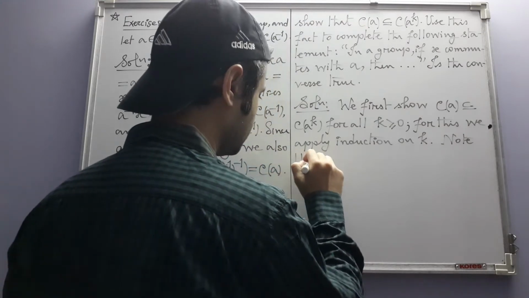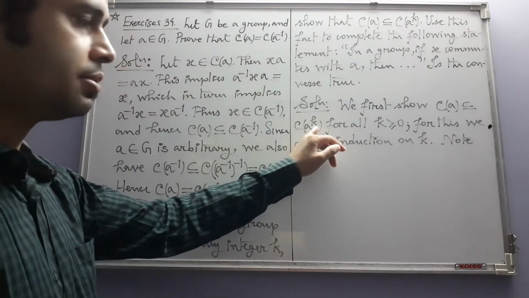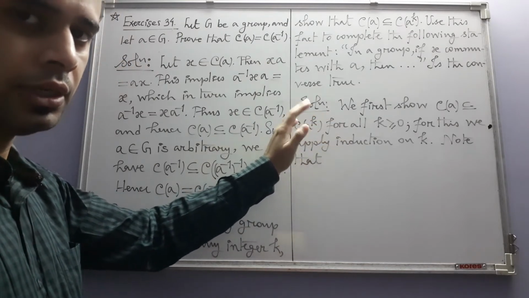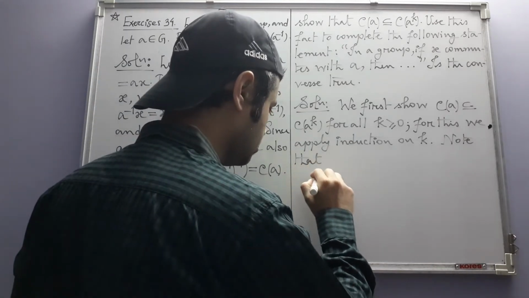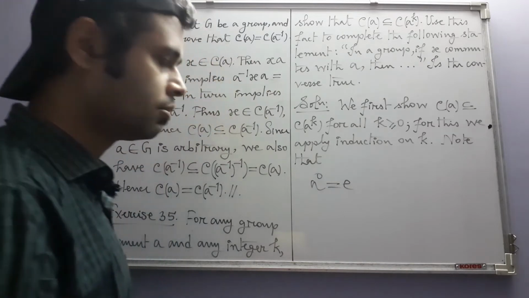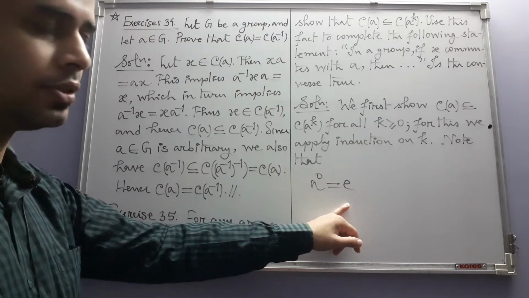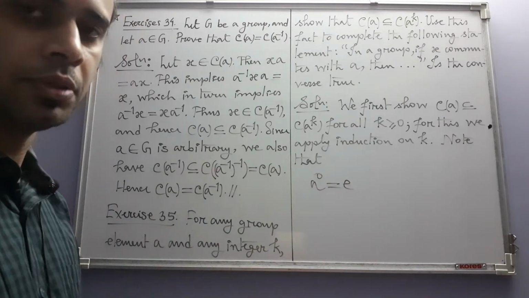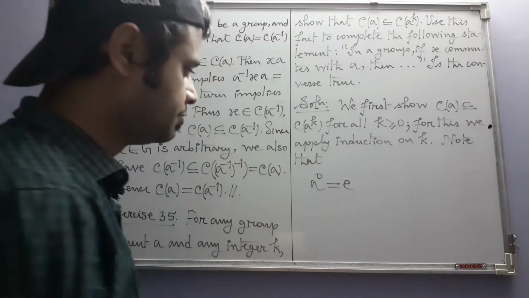Note that what happens when k is 0? By the definition of integral powers of group elements, this is equal to the identity of the group. Now the centralizer of the identity is actually the entire group, because every group element commutes with the identity.